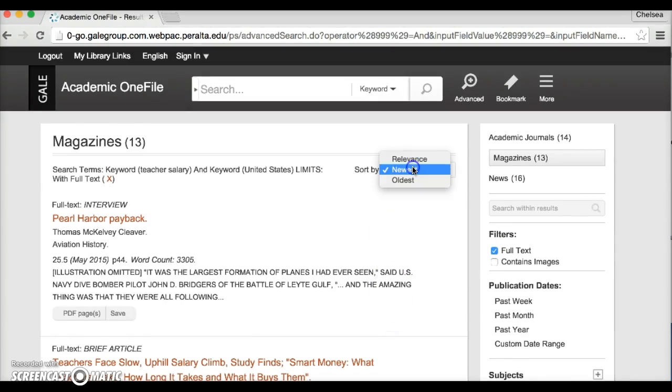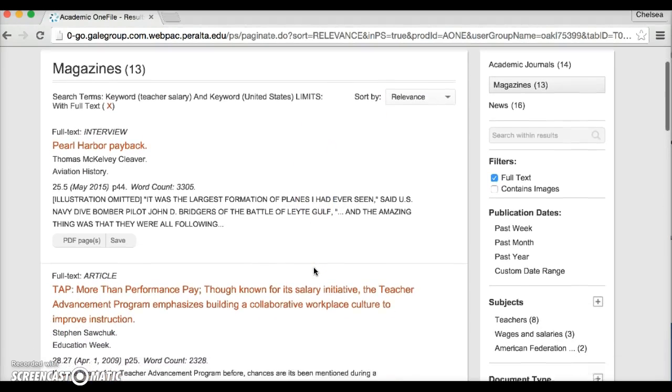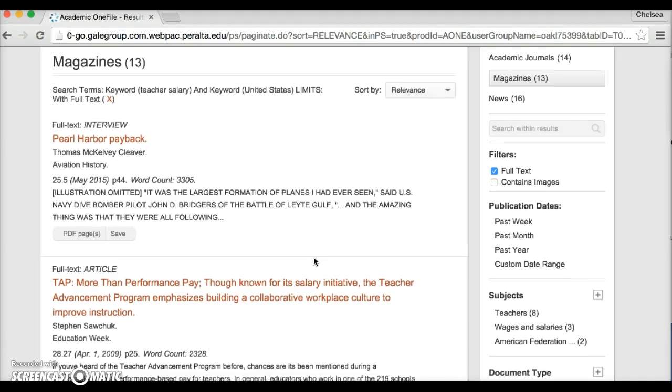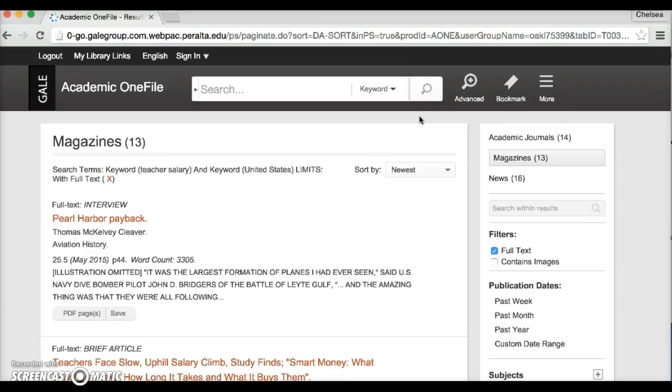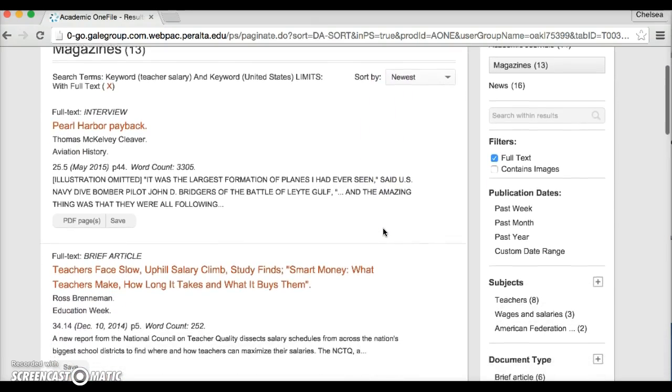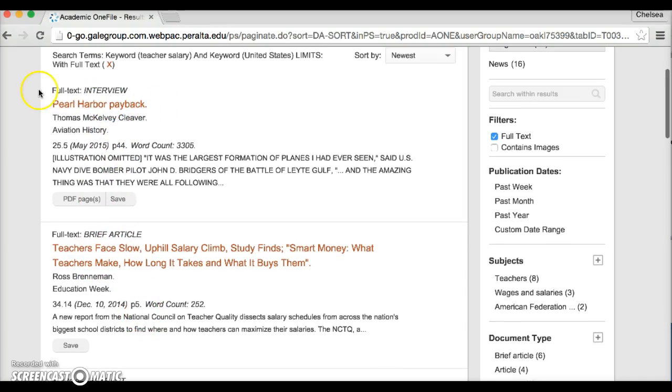You can sort by relevance. I'm actually going to sort by newest because I want to know what salaries are currently. So here's a good article. As I scroll through, I look at the different titles of the articles.